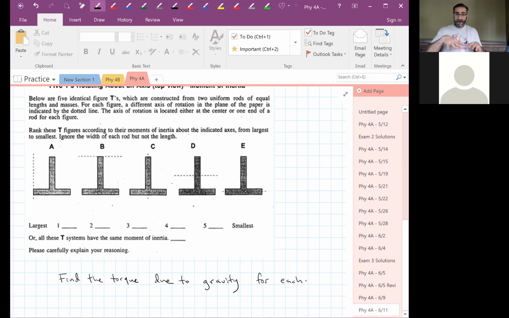We are looking down from the top. If you were to let go of them at that instant, we want to know what the torque is on them due to the force of gravity, due to their weight. So we're going to do just the same three we did last time. A, we'll do A, D, and E.